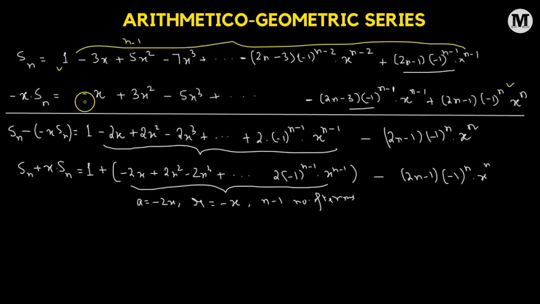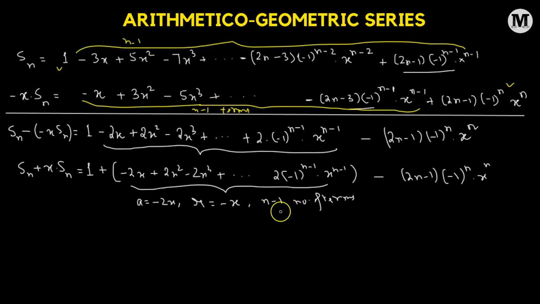Similarly, for negative x Sn, we considered the first term all the way up to the second last term and excluded the last term, which means here also we have n minus 1 terms. So while performing the subtraction, we considered n minus 1 terms of Sn and subtracted n minus 1 terms of negative x Sn.